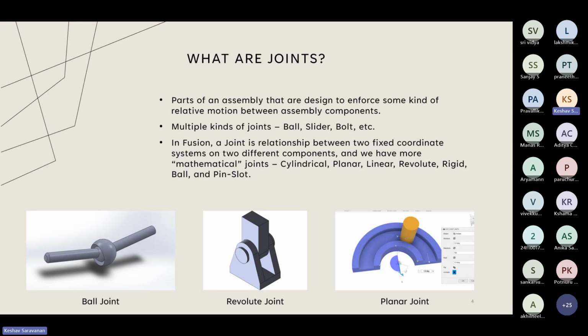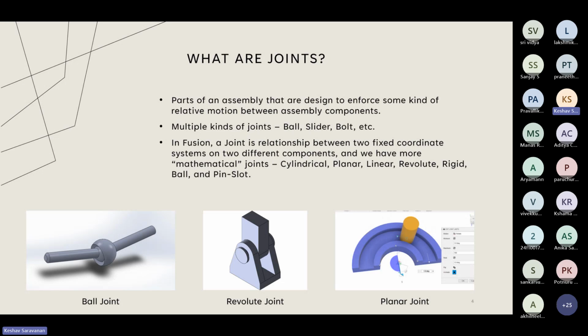In the real world, there are multiple kinds of joints. You guys have probably studied about joints in the human body. You have ball joints, slider joints, planar joints, hinge joints, etc. In mechanics, the names don't differ that much, but in Fusion, a joint is defined somewhat differently. A joint is just a mathematical relationship between two bodies.